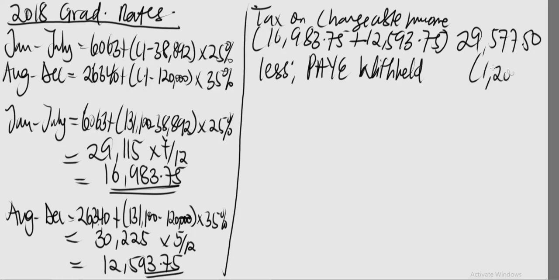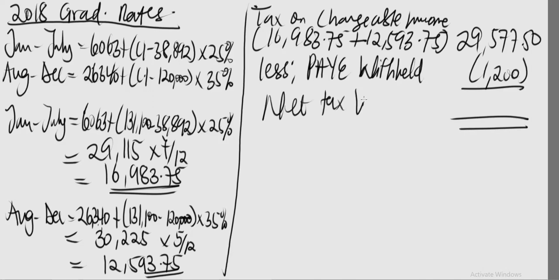You can take credit for the PAYE withheld to get his net tax liability. But there are other tax liabilities, like the withholding taxes. So for now, let's not call it net tax liability.